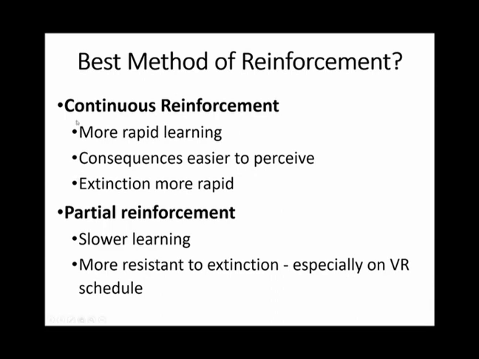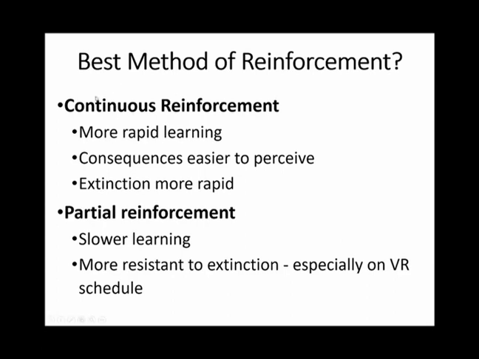And so for continuous reinforcement, the one we talked about at the very beginning, where every single time you make the correct response, when you push that lever, you will get reinforcement. You'll get access to food. And that one is really, really good if what you're going for is quick learning.